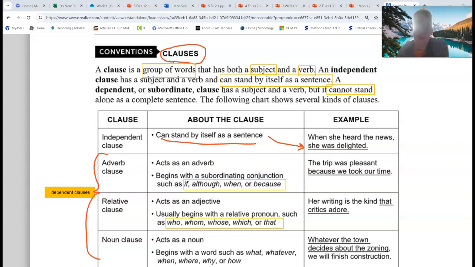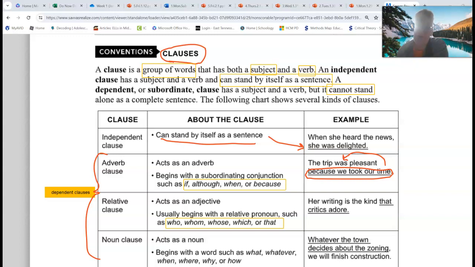So here, the trip was pleasant because we took our time. So this clause gives us detail on the action. So what was the event or action? Well, it was the trip. Well, what was the trip? Well, the trip was pleasant.